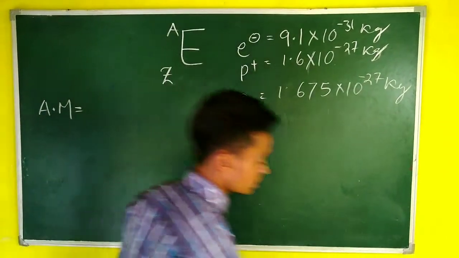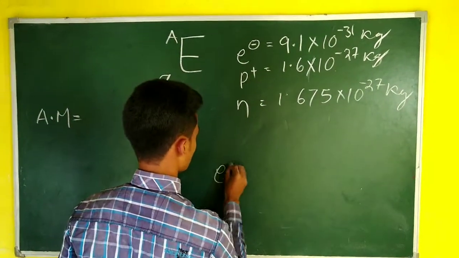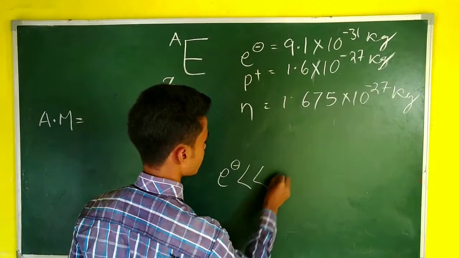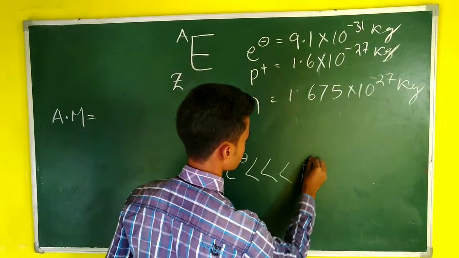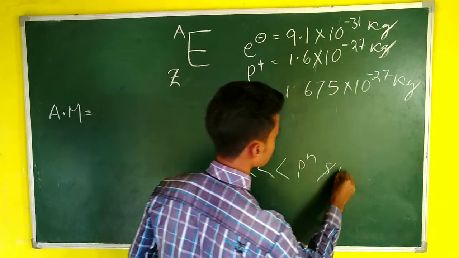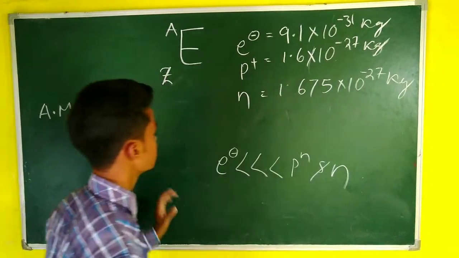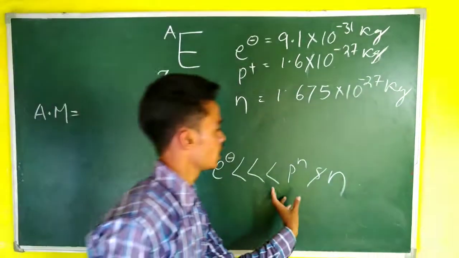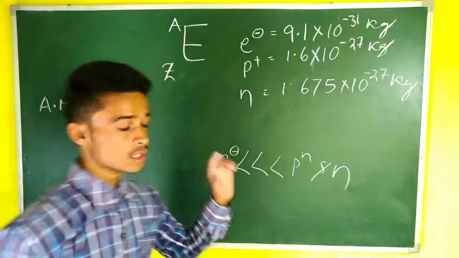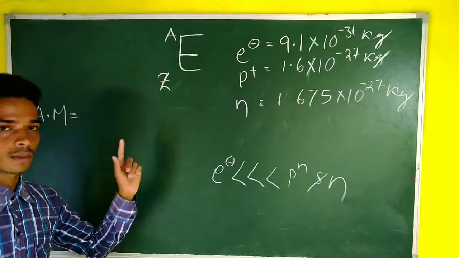For this reason, the mass of electron is very much less than the mass of proton and neutron. So for this reason, in the nucleus, proton and neutron are present.